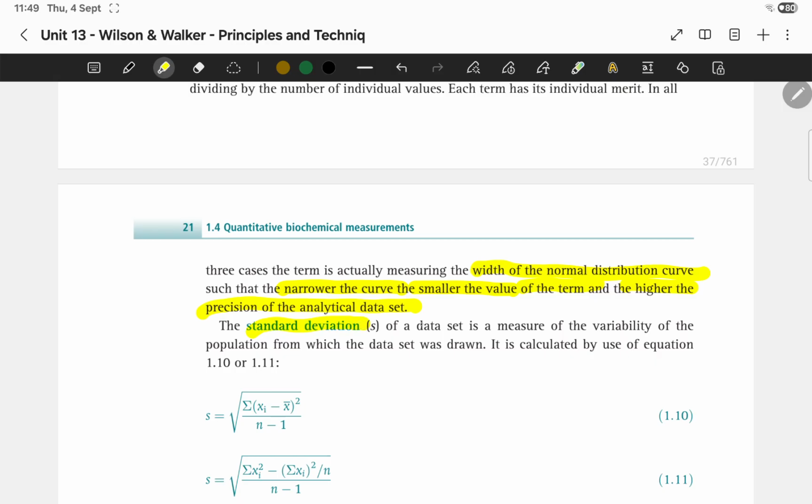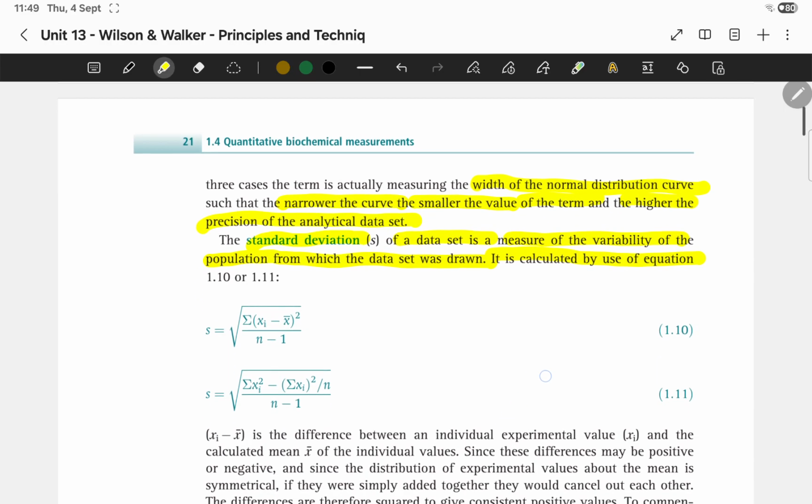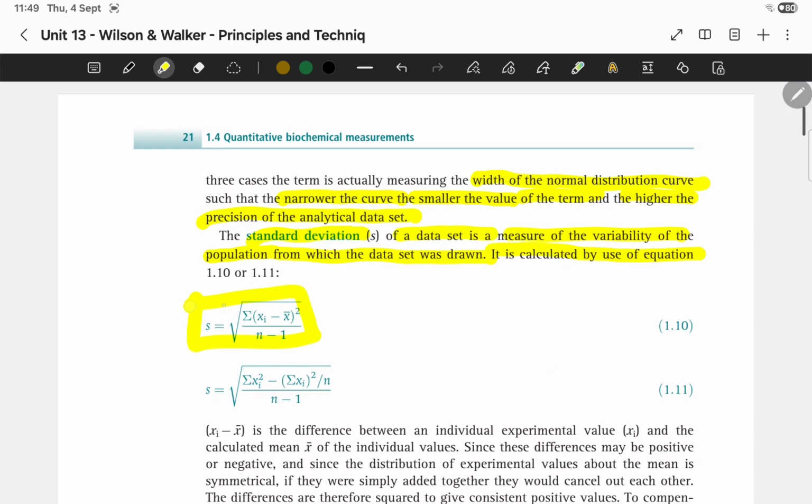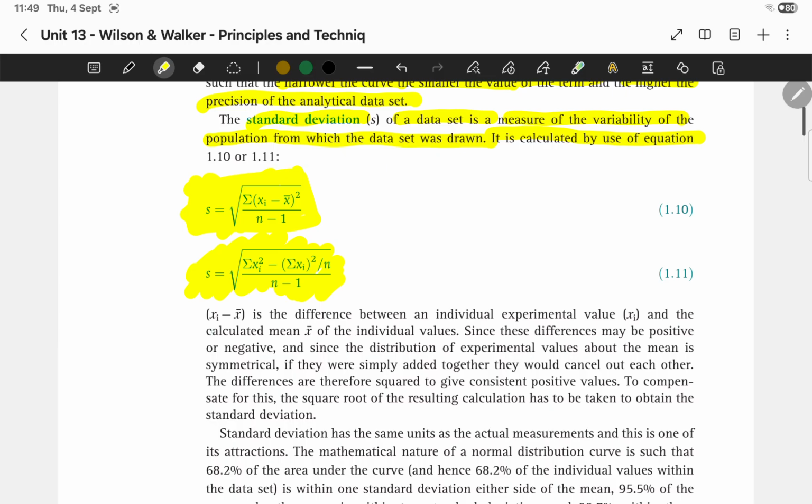The standard deviation of the data set is a measure of variability of the population from which the data set was drawn. It is calculated by the use of this equation. Xi minus x bar is the difference between the individual experimental value and the calculated mean of the individual values.